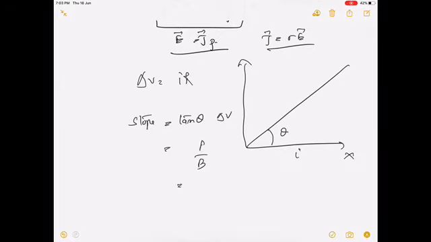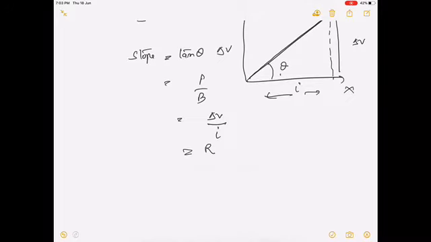If we take slope is equal to tan theta, it will be perpendicular upon base, or you can say it is delta V upon I. If we complete this triangle, tan theta is perpendicular upon base, that is delta V upon I, or you can say it is R, resistance. Slope gives resistance. Okay, and it is constant for ohmic only, for ohmic conductor only, which follows Ohm's law.